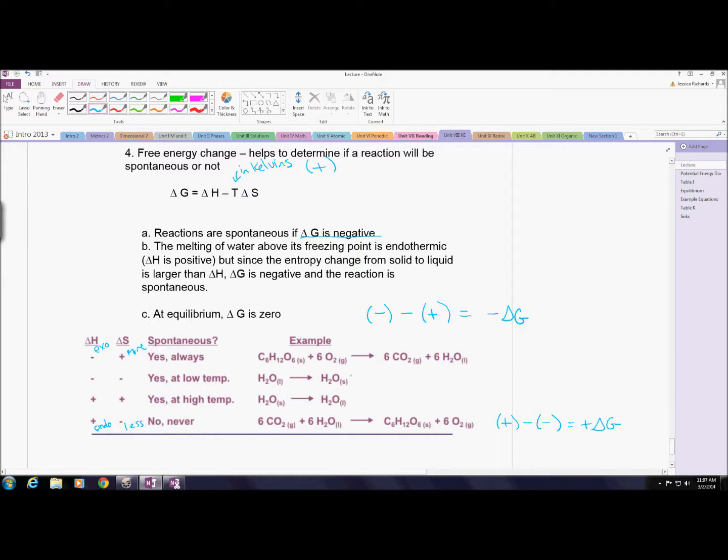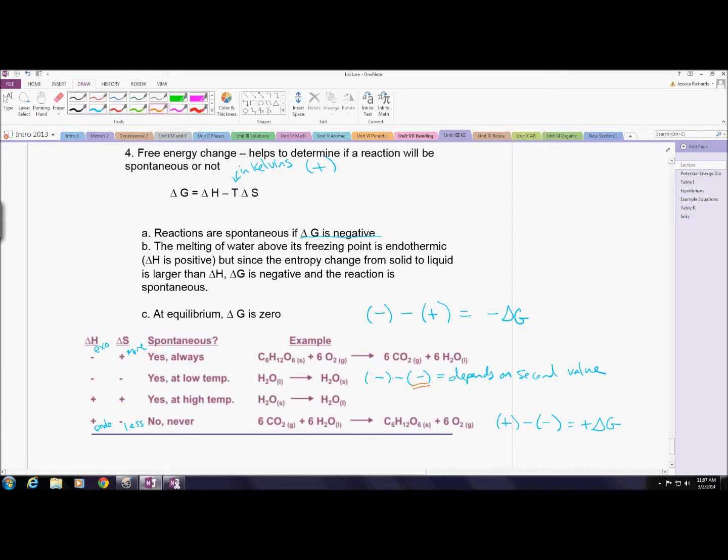If we look at phase changes here in the middle, then we're going to look at things where the conditions are important, the temperature. So if I have liquid to a solid, it is exothermic, it has to release energy, and going from a liquid to a solid is less random, so that's a negative delta H. Whether or not I get a positive or negative sign is going to depend on how large this value is.